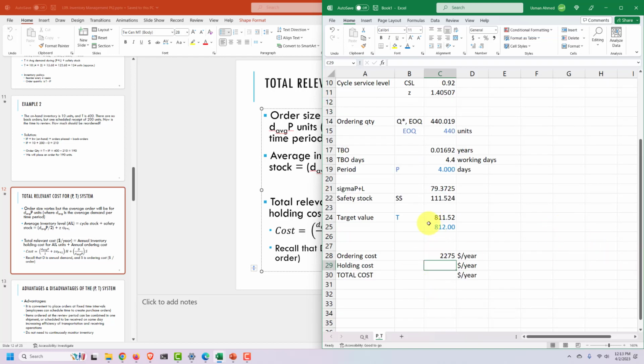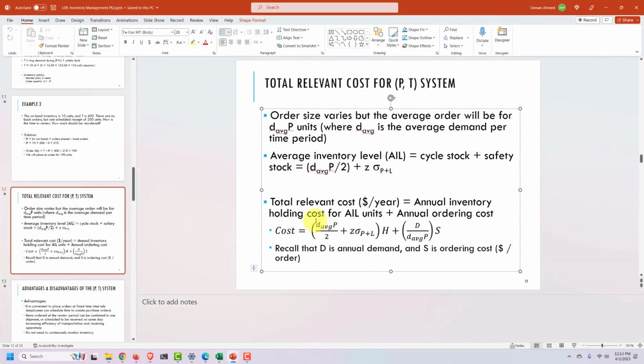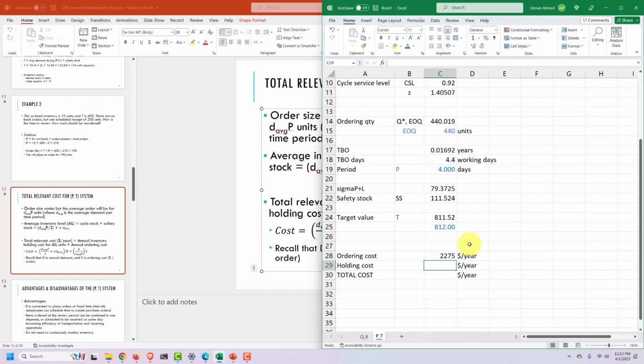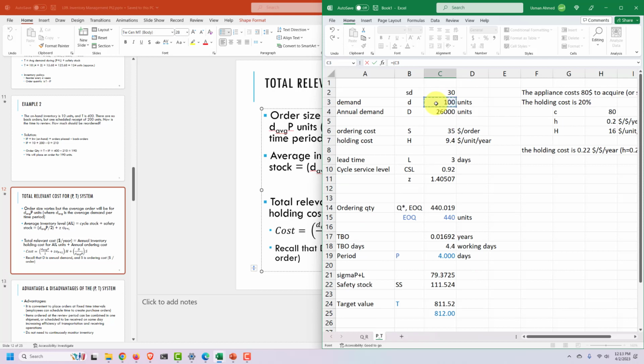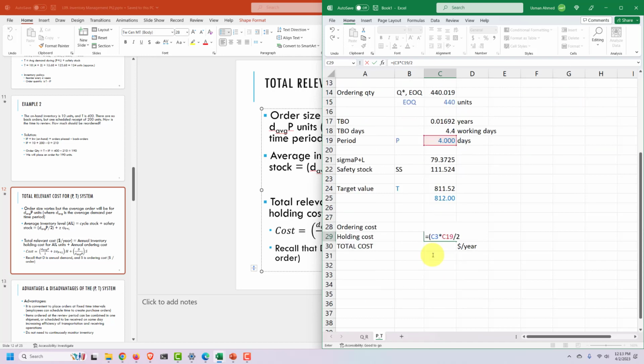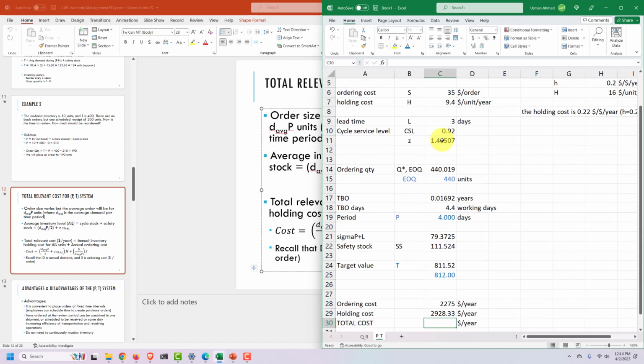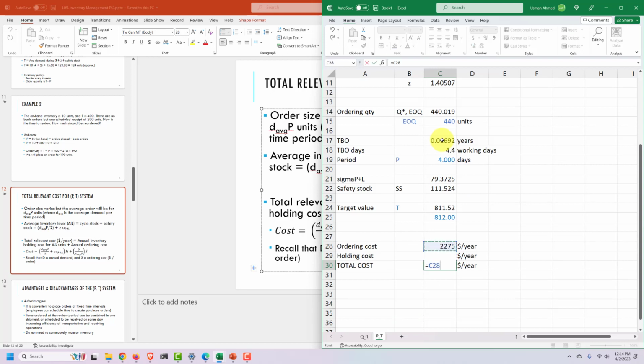Okay, now let's do the holding cost. So again, here's the formula: D times P over 2 plus safety stock, and the whole thing is multiplied by capital H. So we do D times P divided by 2 plus the safety stock, and the whole thing gets multiplied by capital H. Then we sum these two things up and we get the total annual cost of using this system in dollars per year.